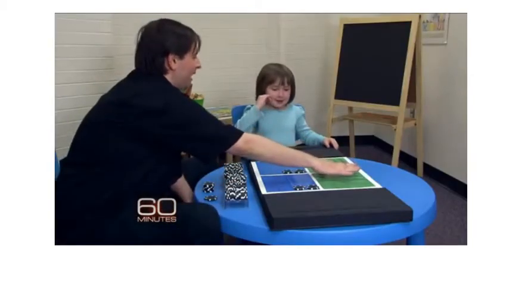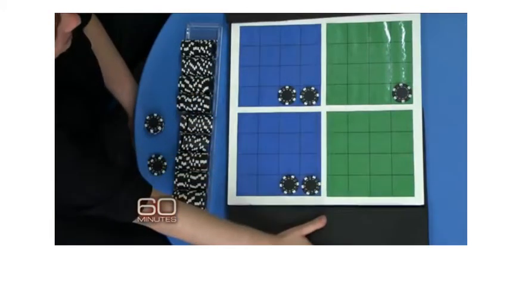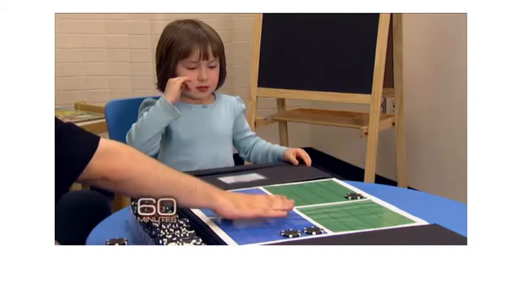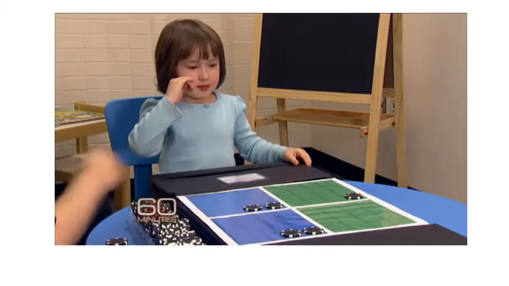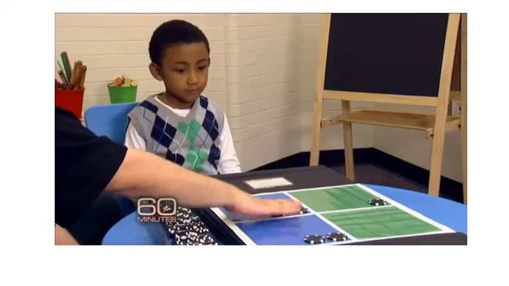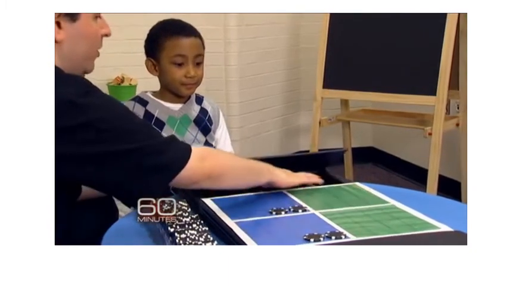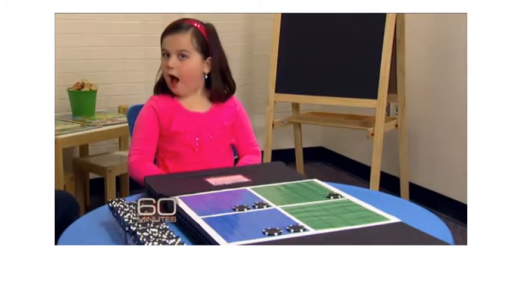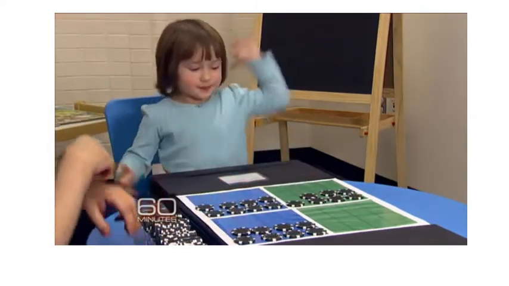So you can say green, and if you say green, then you get this one, and the other girl doesn't get any. Or you can say blue, and if you say blue, then you get these two, and the other girl gets these two. So, green. Green. The youngest kids in the study will routinely choose to get fewer prizes for themselves just to get more than the other kid. I'll pick green. In some cases, a lot more.